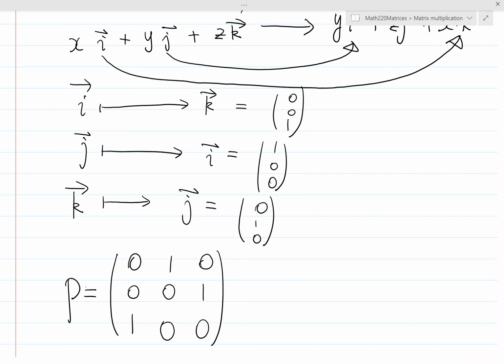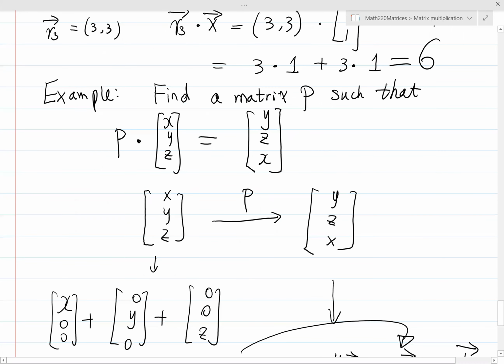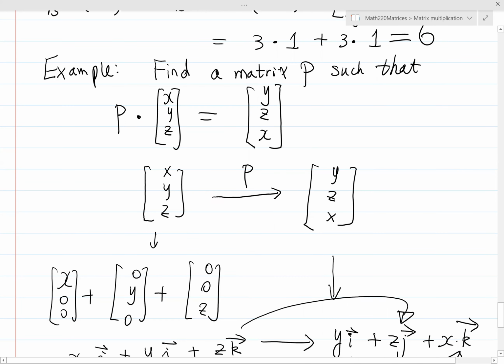So what P does to this XYZ is it permutes the letters XYZ. Because here we only have three letters XYZ, if we do the permutation enough times, it will recover itself. So let's see what we did here.